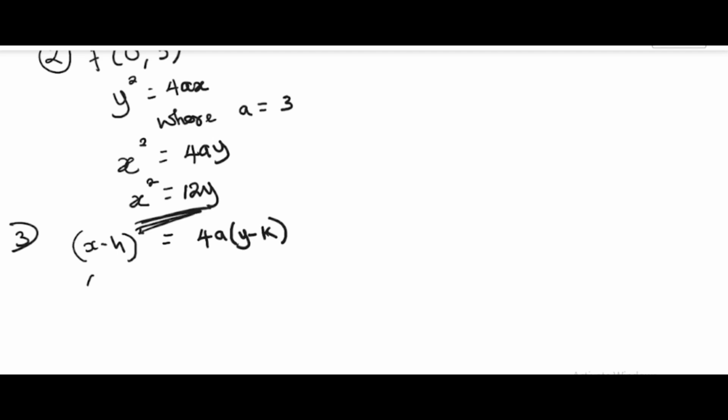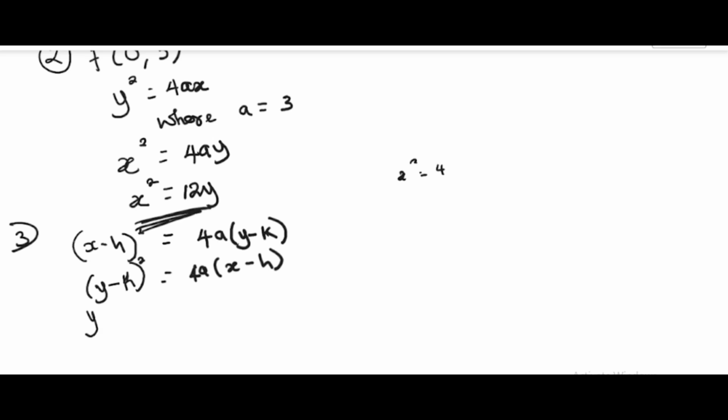Or (y minus k) squared is equal to 4a(x minus h). Now, what is the difference between this equation and the previous one? The difference between these canonical forms and the ones we've been using is that h and k are 0. So since h and k are 0, we end up having just x squared is equal to 4ay. That's all. So now let's write down the equation given to us.